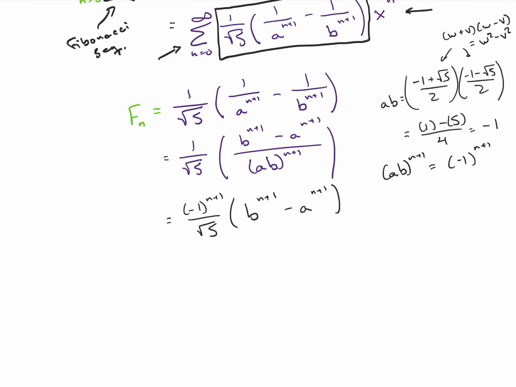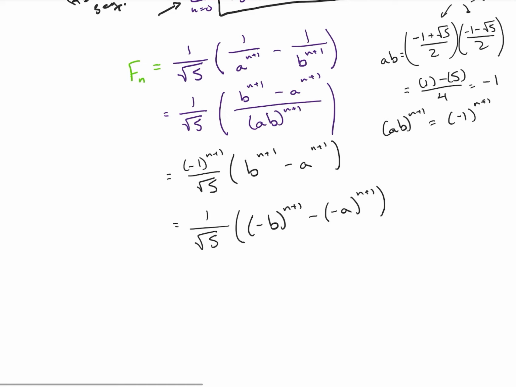Okay, and then I can multiply through, and I'm going to end up getting 1 over square root of 5 times b times -1, so negative b to the n plus 1 minus negative a to the n plus 1.